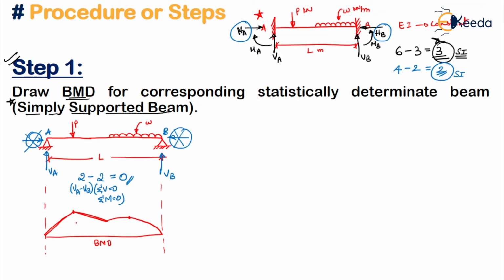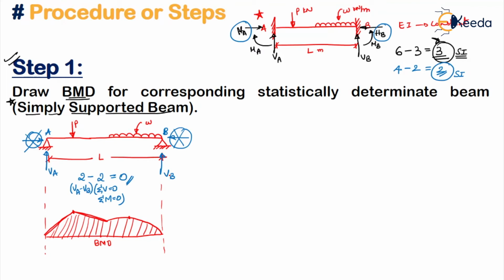Now how do you calculate this BMD? You'll use your equations of equilibrium and first find the reactions. Once you find the reactions, you'll find the bending moment at different points. Then once you do this, you have to move on to your second step. So what is the first step?